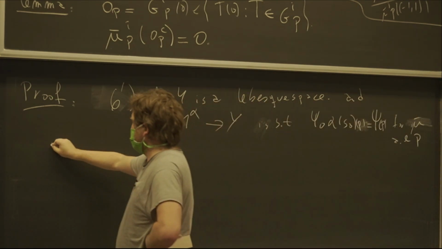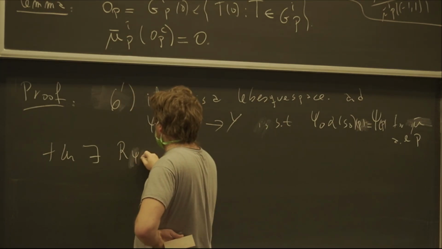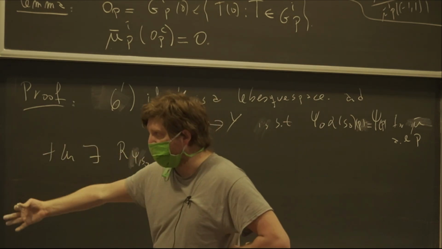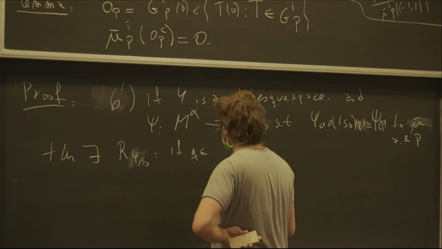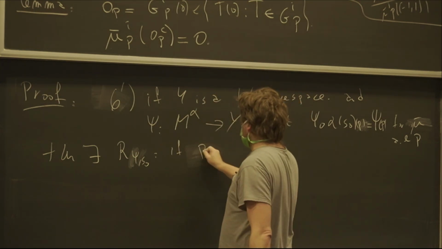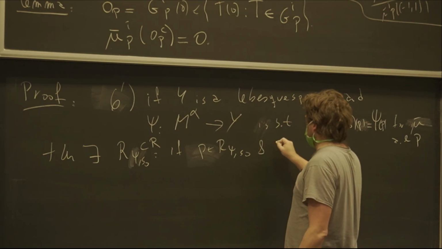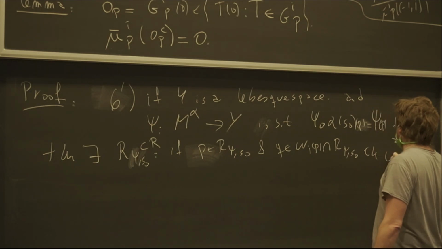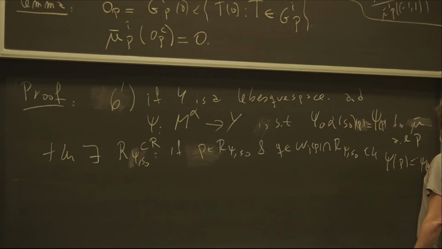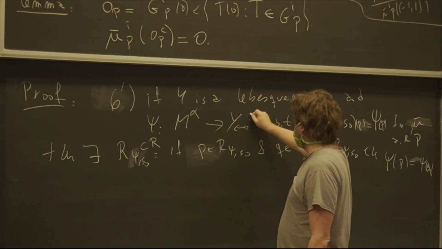Then there exists a set R psi S naught such that essentially the same conclusion holds, but with psi, such that if P belongs to this set, and actually I can assume this is inside of the previous R, and Q is in W IP intersected with it, then psi of P equals psi of Q. And the proof is really a triviality because I compose this psi with a bijection that maps this to the interval 0, 1.